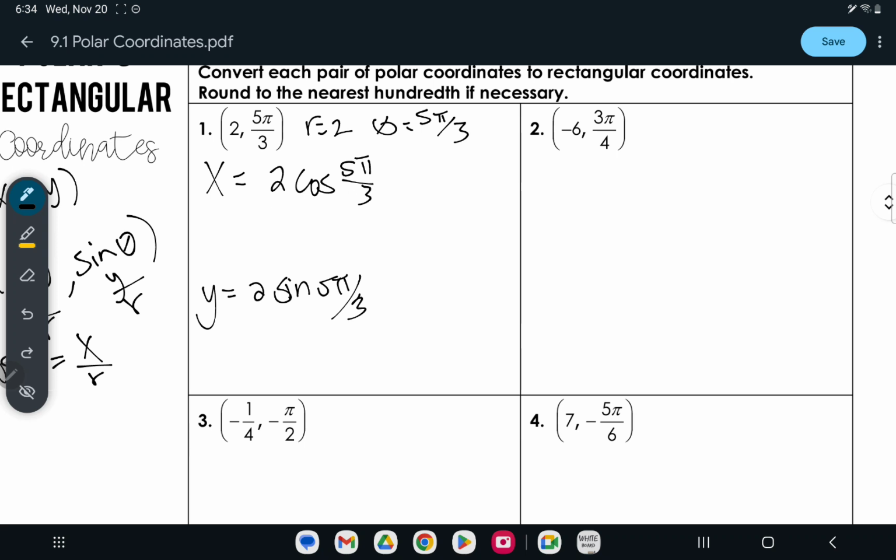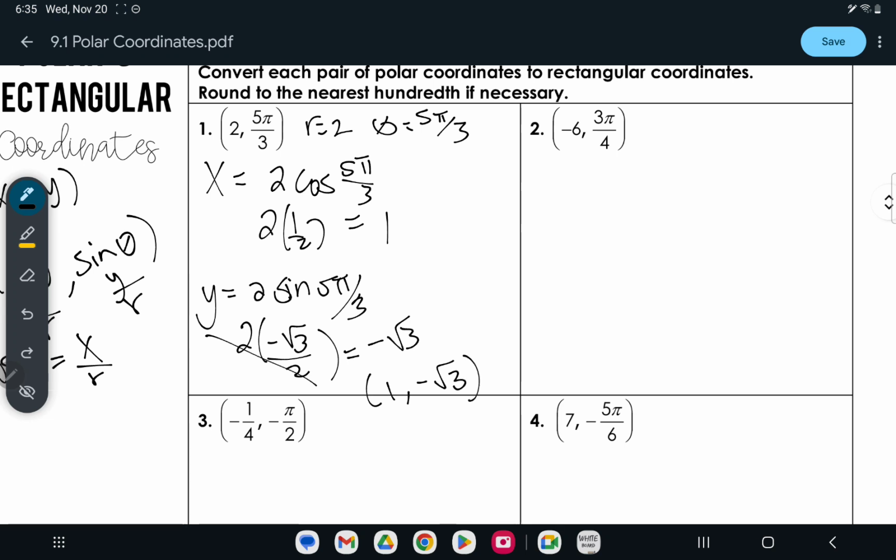Cosine of 5 pi over 3 is 1/2, so 2 times 1/2 is just 1. And then sine of 5 pi over 3 is negative root 3 over 2. My 2's cancel out, so I'm left with negative root 3. So my coordinates are 1 and negative root 3.